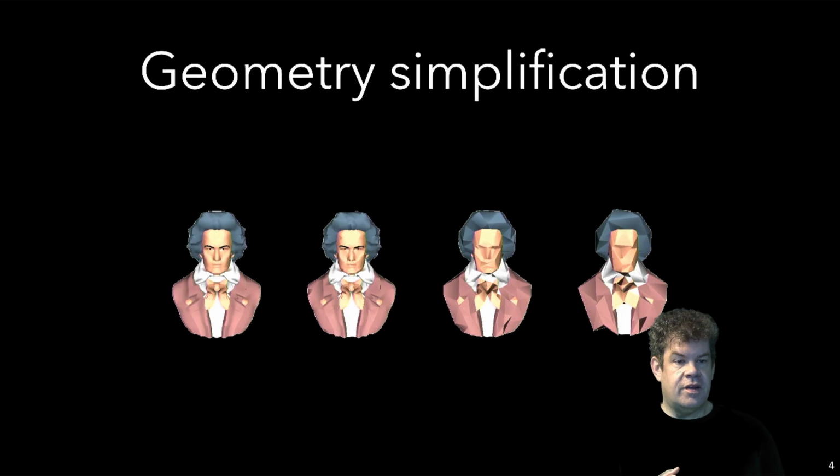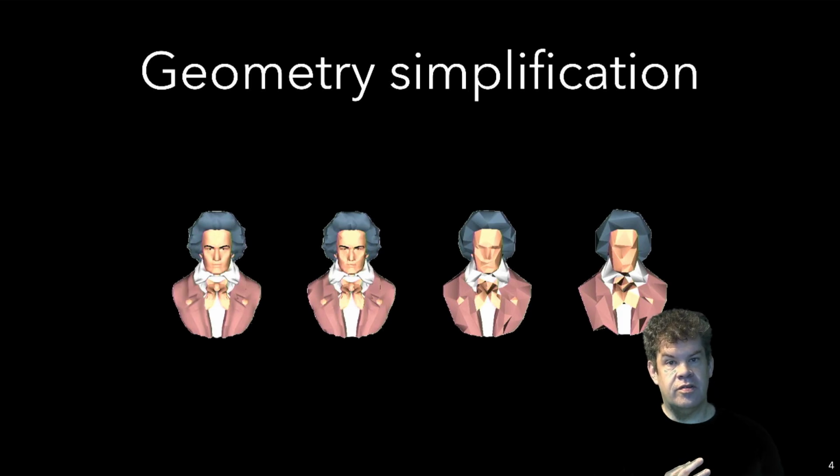But what's interesting about data reduction in a computer graphics sense is that further away objects that are relatively small on screen not only require less detail, so it's not worth spending more memory, bandwidth, time to transfer data, and compute on those, but it can actually improve the visual quality.